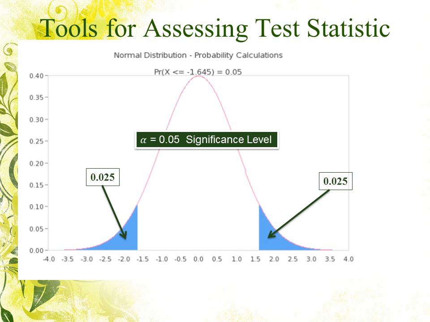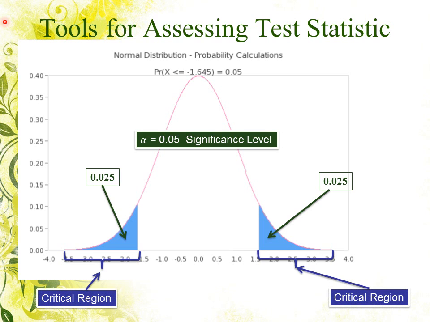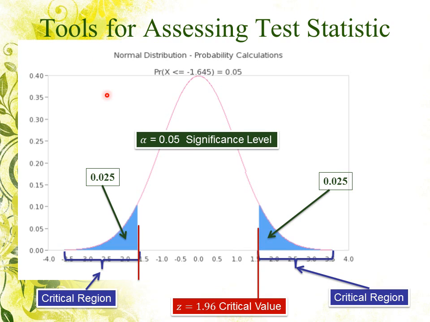The critical region are these values down here that if my test statistic falls into one of those critical regions, I would reject my null hypothesis. The critical value is that value that separates this critical region from the rest of it.